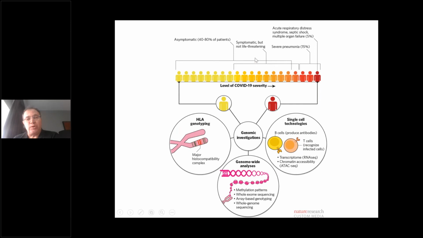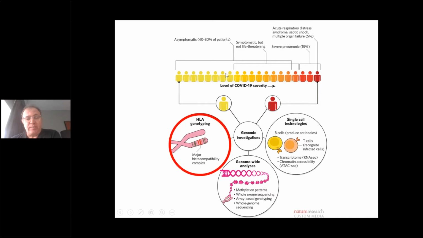A small portion would be symptomatic, but with manageable symptoms, influenza-like symptoms. You have approximately 15% of patients who go into pneumonia, who will need supplemental oxygen, and a small fraction of patients who end up in the ICU with ARDS. And of course, these are the fraction of patients who are responsible for the severity and the death toll of the disease.